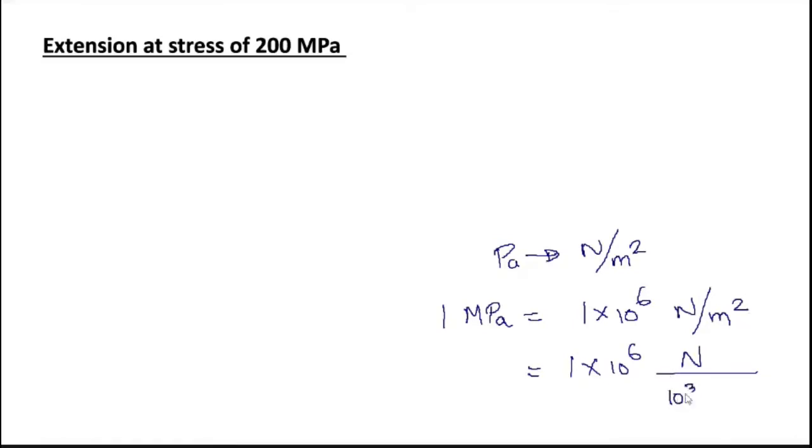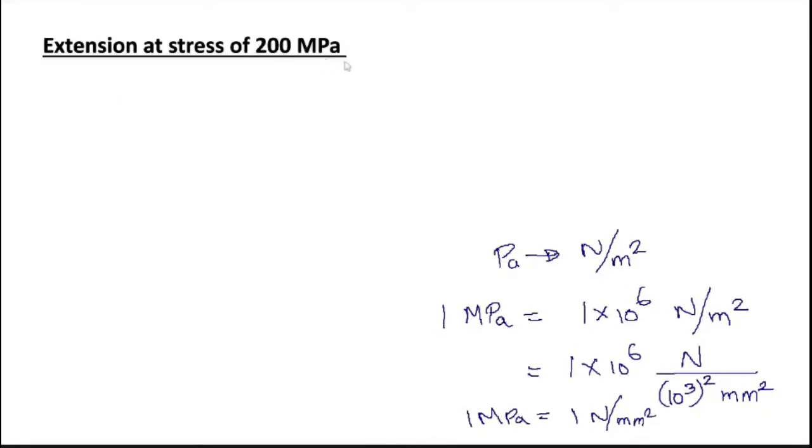So 10 power 3 square mm square, right? So it's just 10 power 6. 3 into 2, 10 power 6, 10 power 6. So 1 megapascal is 1 Newton per mm square. 10 power 6 and 10 power minus 6 get cancelled. When you go to the numerator, it will be 10 power minus 6, and it gets cancelled. So this is your 1 megapascal.